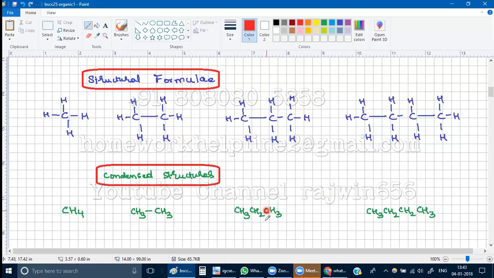In the same way for propane, this is CH3, the middle portion is CH2, and this is CH3. In the same way, we have shown the structure of butane. All these structures that I have shown in green are known as condensed structures. When we are asked to draw the structural formula, we are supposed to show each and every individual bond of the carbon atom. When we are asked for the condensed structure, we have to show it like this. Just take down all of these and then we'll move on to the next part.